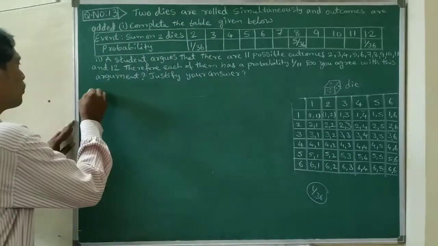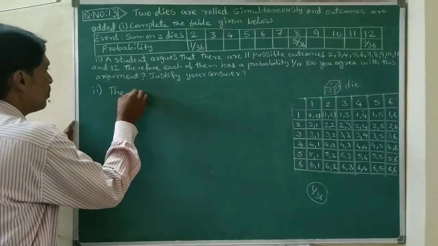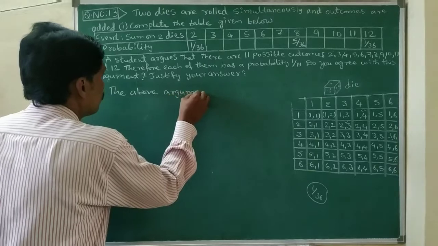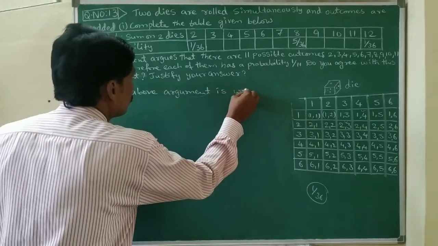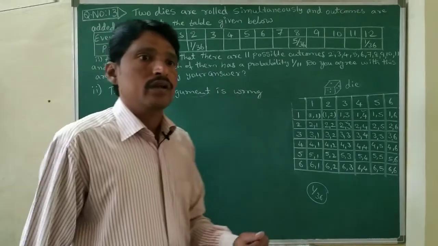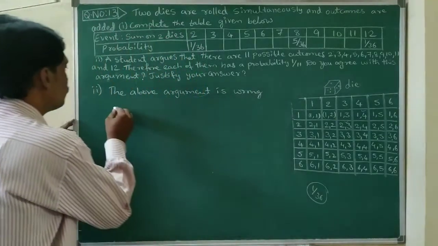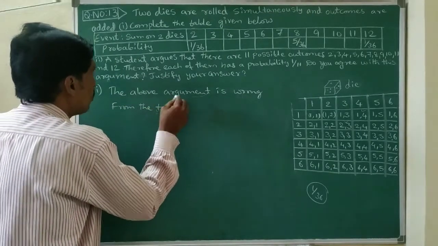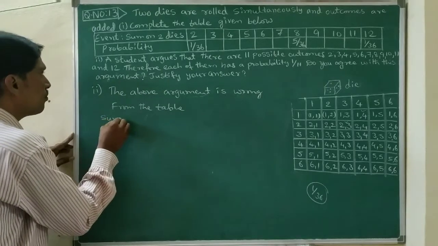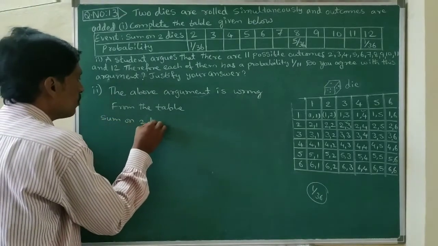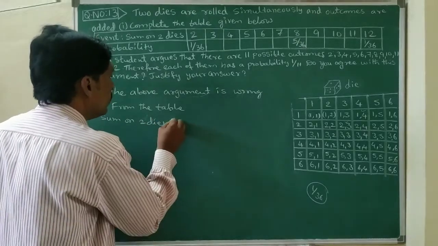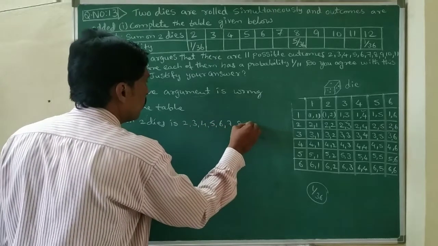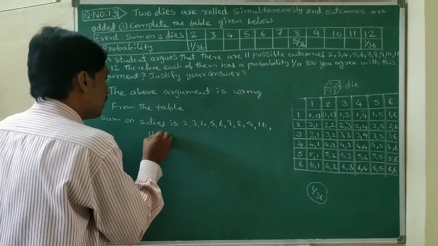So the above second argument is wrong. From the table, the sum on 2 dice is 2, 3, 4, 5, 6, 7, 8, 9, 10, 11 and 12.